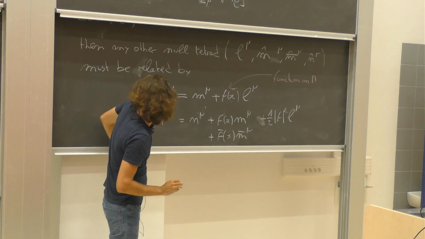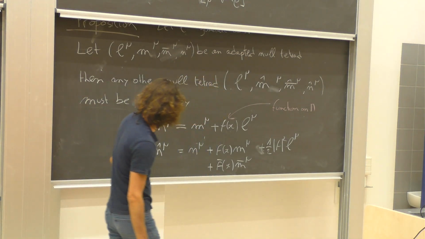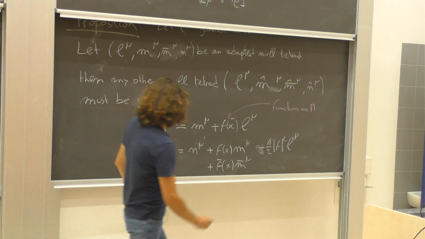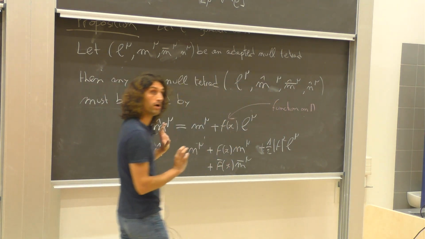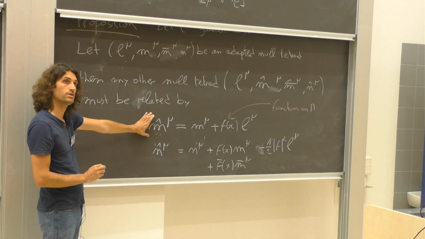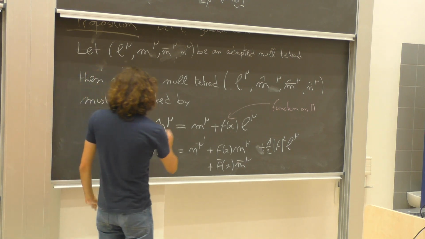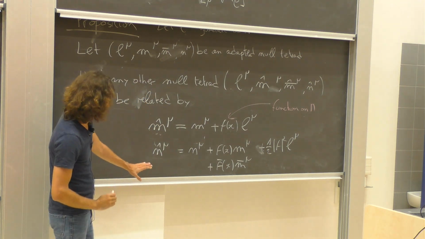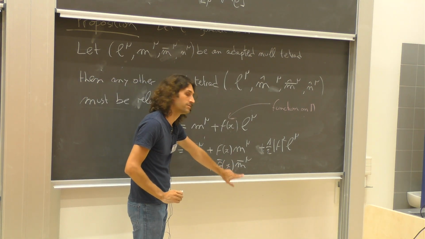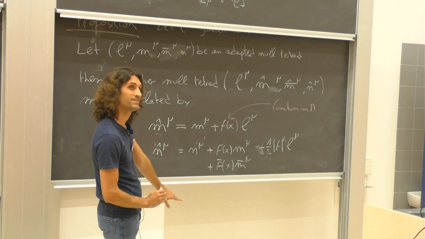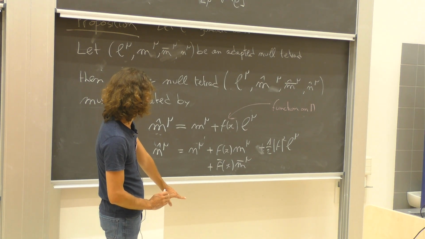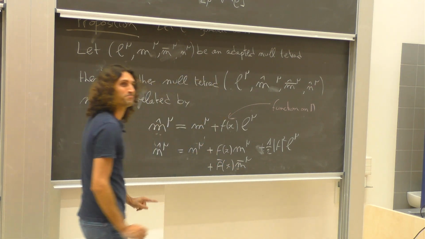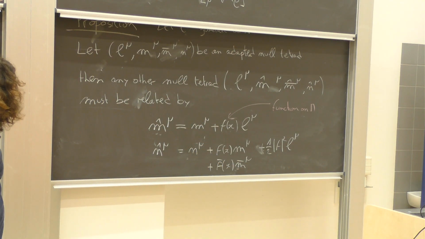There are also transformation rules for m bar, which is just the complex conjugate of this one. The bottom one is n, never mind. This is n, this is m bar, this is m. Thanks for the question.